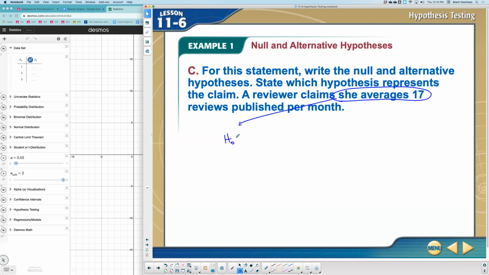The null is that she reviews exactly 17. The alternative hypothesis, however, would be that she does not review 17 per month. The claim is this statement here, that she reviews 17. And we could test from there.